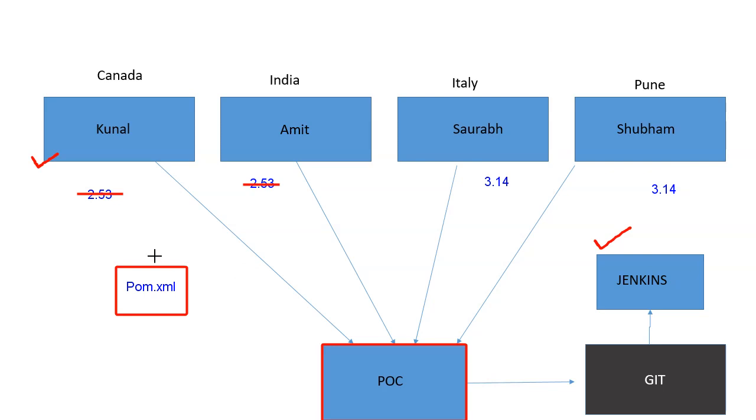Okay, because of Maven our project is in sync and everybody on the project is on the same page and is using the same kind of method. So let's suppose everybody is using 3.14.